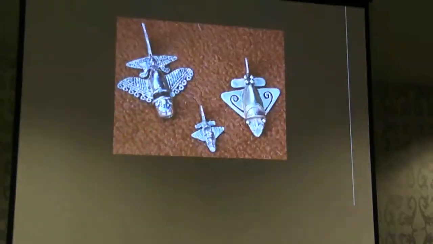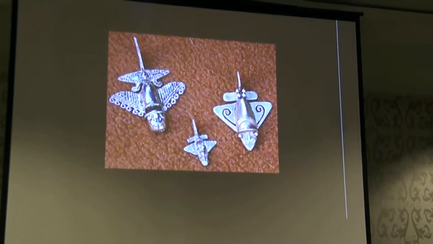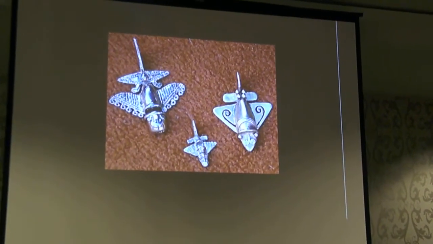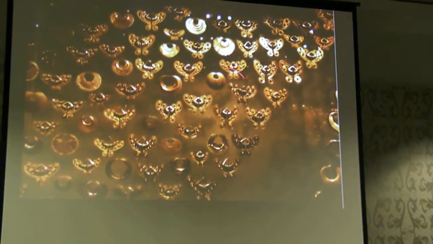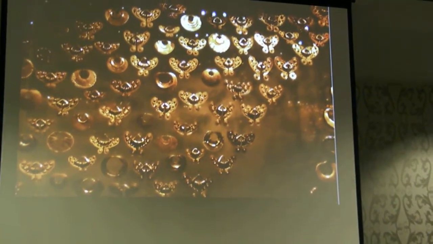And so what we have here is something that is not necessarily existent in nature. Because hundreds and hundreds of thousands of gold objects were found that look like this, that were put in these tombs.